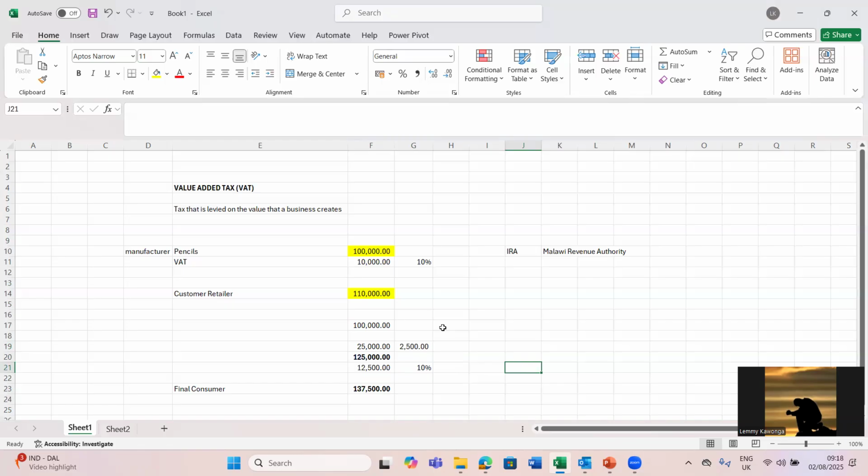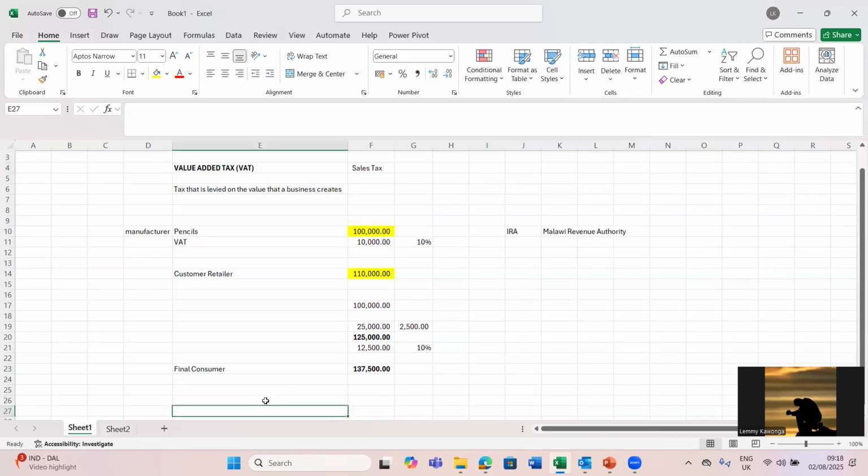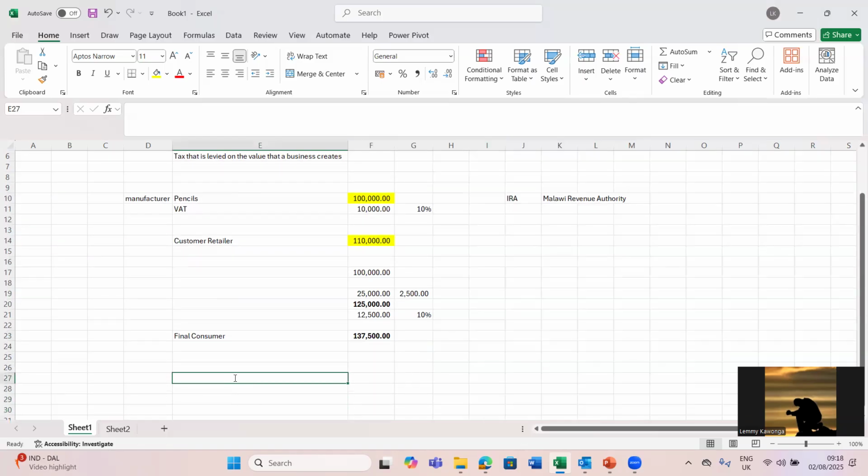In some jurisdictions, they call it sales tax. So it is the final consumer of those goods and services. It is a tax on goods and services.